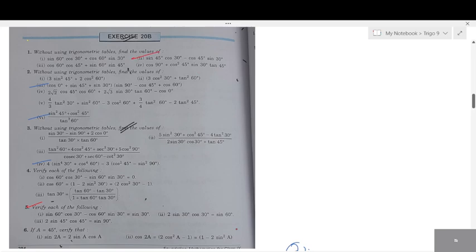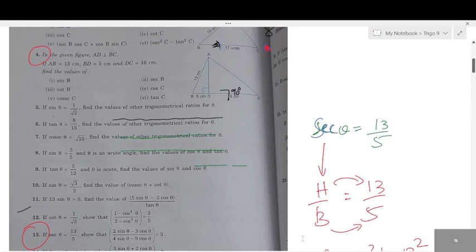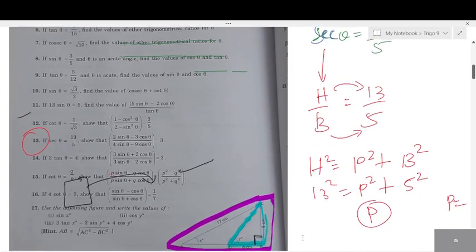Total 3 questions for homework. Fourth main, 13th main, first exercise. In second exercise, 20b, first main, second question. Just substitute the values. Sin 45, cos 35, substitute the values and write.